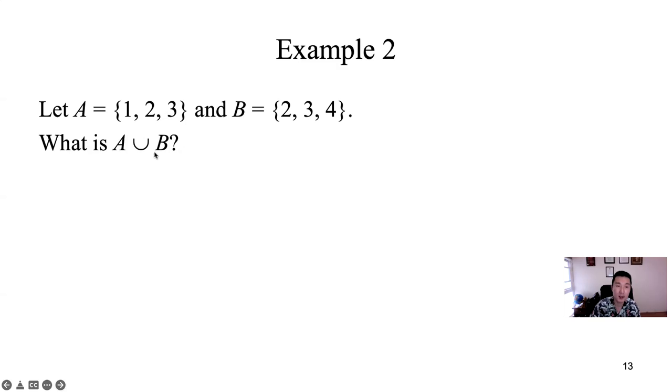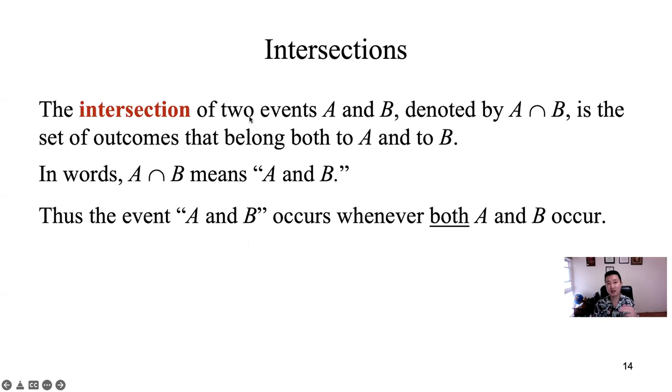So event A or B will again include 1, 2, 3, and 4. Either A or B or both occur. Any questions about union? So that is A or B, or union. The next is intersection.